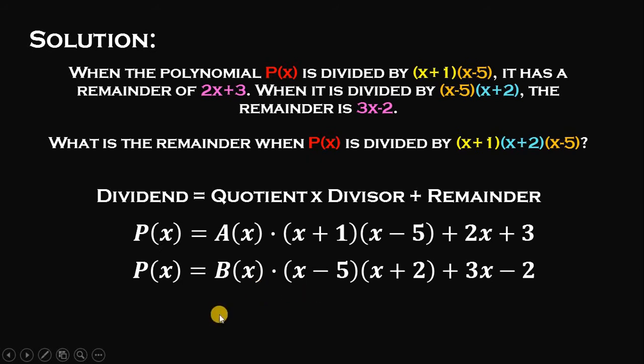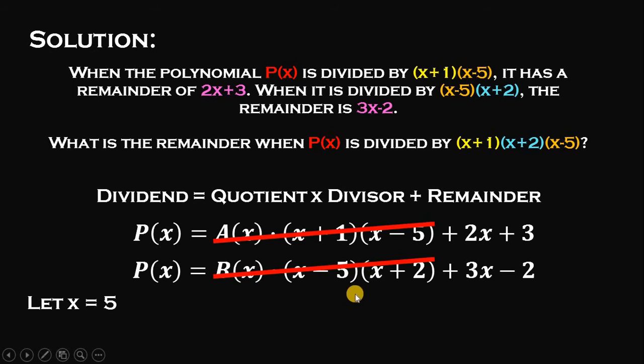Now notice that if we let x equal 5, this part becomes 0 because it has a factor of x - 5. Also, in the second equation, this part becomes 0 because it has a factor of x - 5. So if we let x equal 5, x - 5 becomes 0, and 0 multiplied by anything is 0.